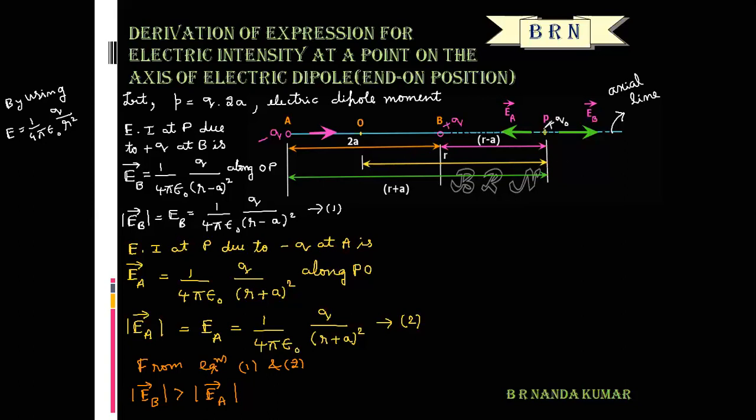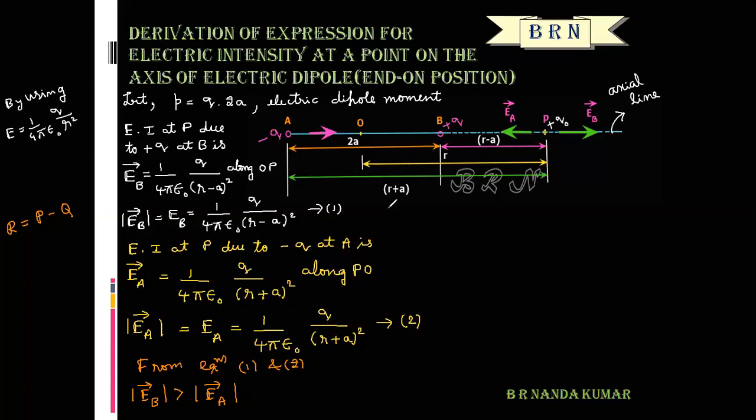If two vectors act at the same point but in opposite directions, what is the resultant? If two vectors move in the same direction, the resultant is P plus Q. Moving in opposite directions, it is P minus Q or Q minus P, depending on the magnitude of the two vectors. Actually here the magnitude of EB vector is much greater as compared to the magnitude of EA vector. So that is why the resultant is EB minus EA, right?